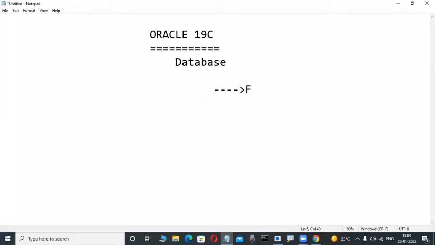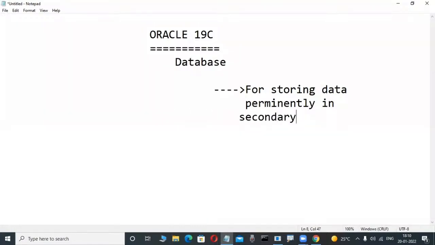For storing data permanently in secondary storage devices. Secondary storage devices means maybe hard disk or similar.